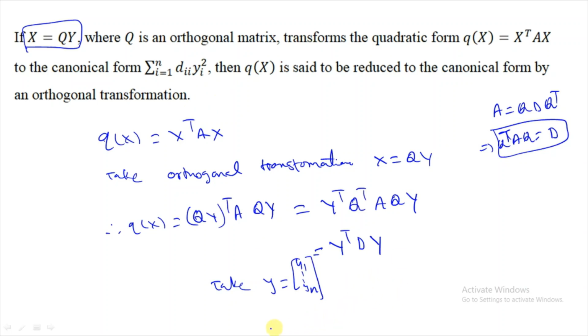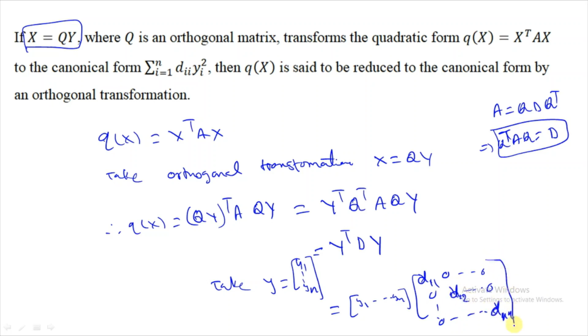This is y1 to yn transpose times a diagonal matrix, with diagonal elements d11, d22, up to dnn, times y1, y2, up to yn. Multiplying this, we get d11 y1 squared plus d22 y2 squared plus dnn yn squared.